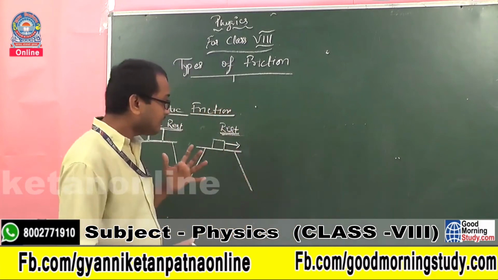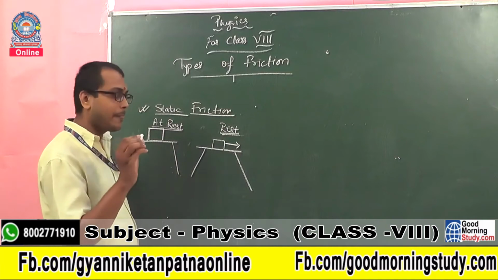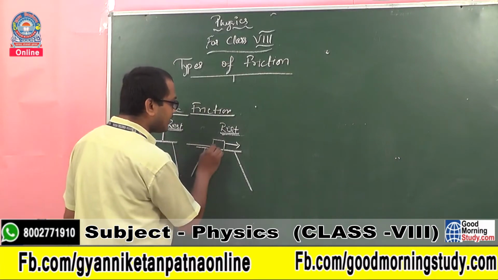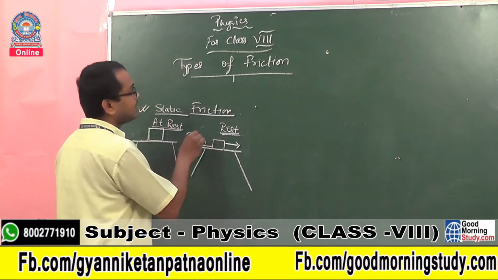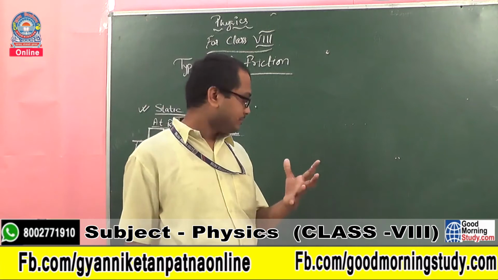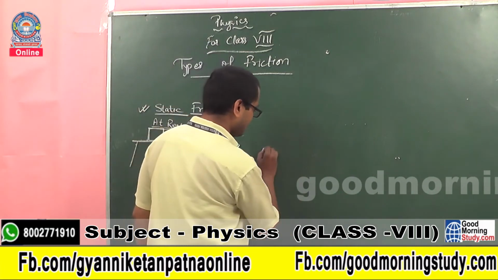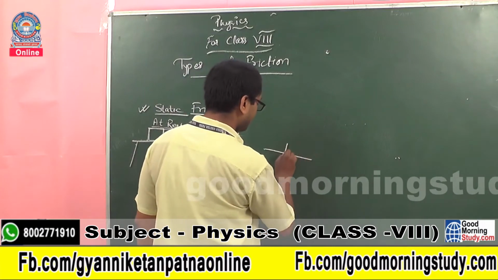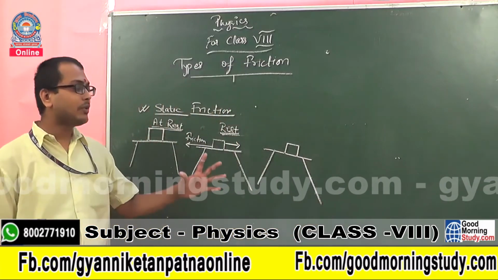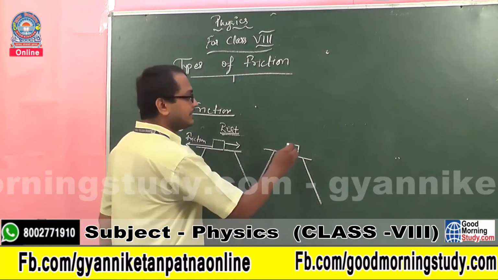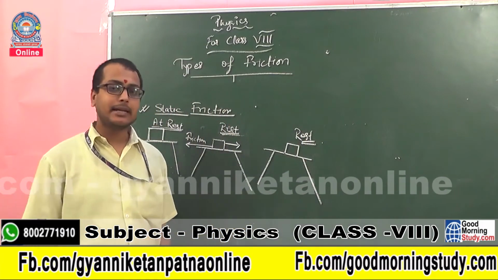In this case, the direction of the friction force will be parallel, along the left direction. This is the friction force. Now again tilt the table for more inclination. Now you can easily say that still the object is at rest.